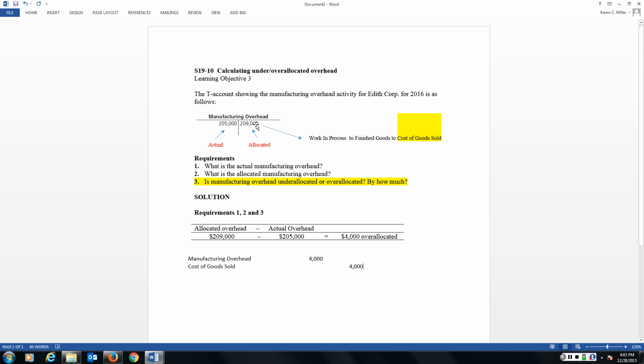I have not put enough in work in process, in finished goods, in cost of goods sold, and my correction is going to be right the opposite. I would need to increase my cost of goods sold for the overhead that should have gotten there and didn't. Okay, I hope this is a good review for you of what happens when we have to adjust our estimated manufacturing overhead allocations to get them to the actual amount at the end of the period.